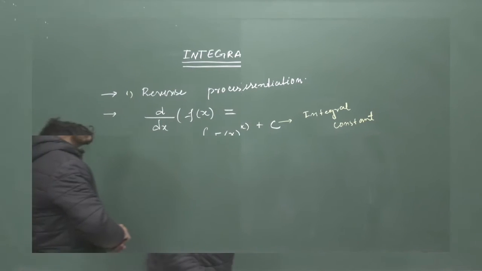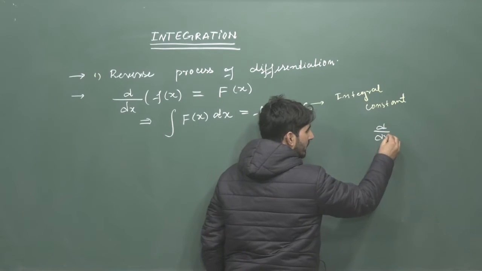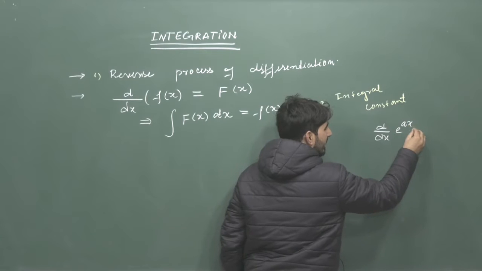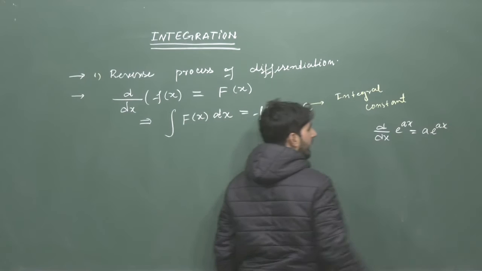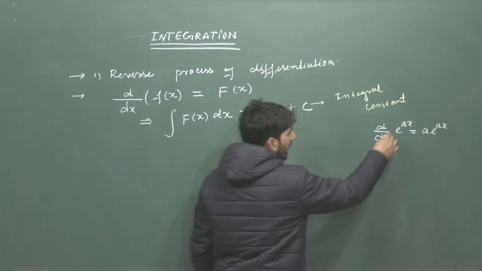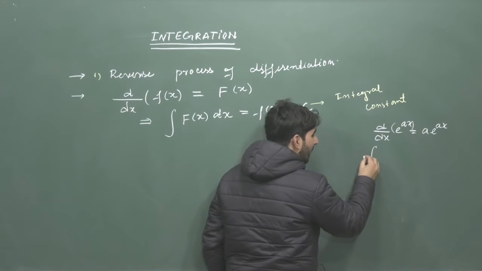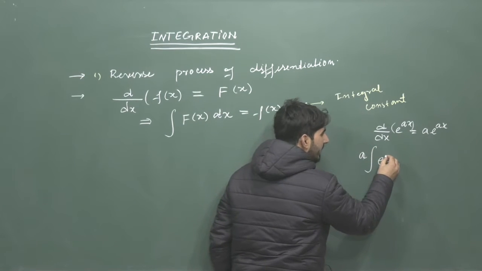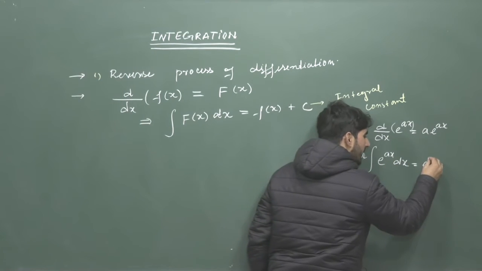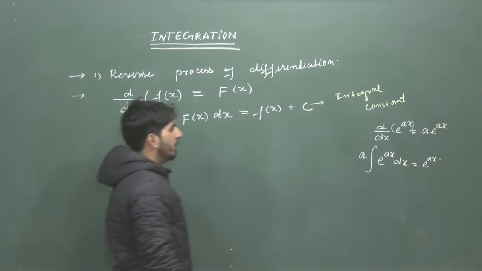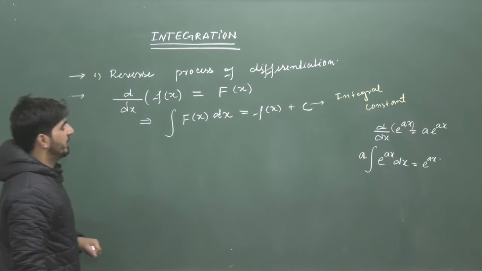For example, we know that differentiation of e power ax is a into e power ax. In other words, we can say integration of a e raised to power ax dx is e raised to power ax, because integration is the reverse process of differentiation.